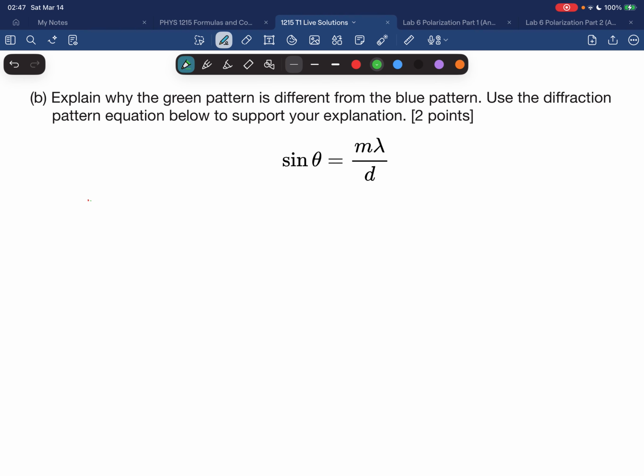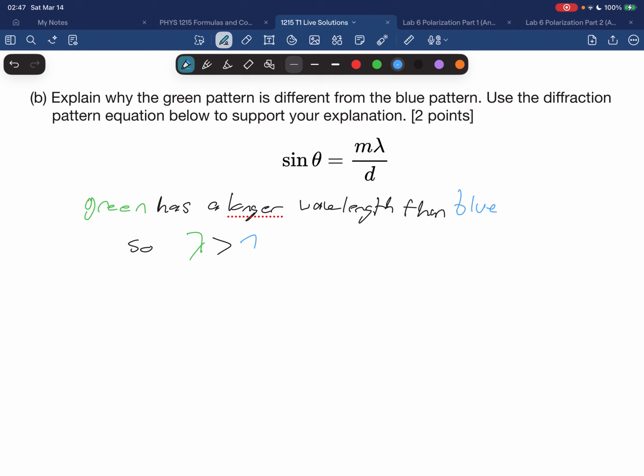And so I'll color code this, why not? Green has a longer wavelength than blue. So lambda for green is going to be greater than lambda for blue.